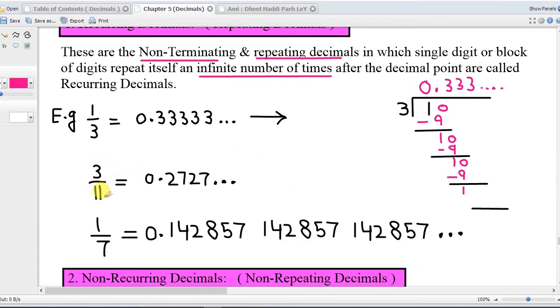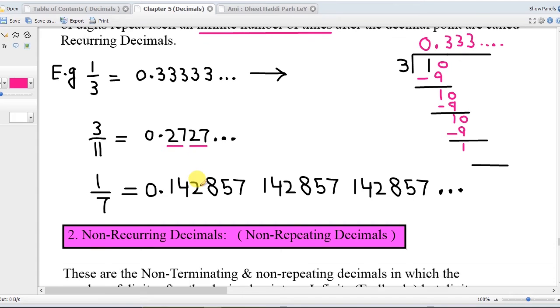Similarly, this is an example. You can solve this question on your own to see whether you're getting this answer. See, this decimal value is not going to end. It keeps on moving, so it is non-terminating. And the second thing is the values after the decimal point keep on repeating, so they are called recurring or repeating decimals. So it's a non-terminating, recurring decimal, right?